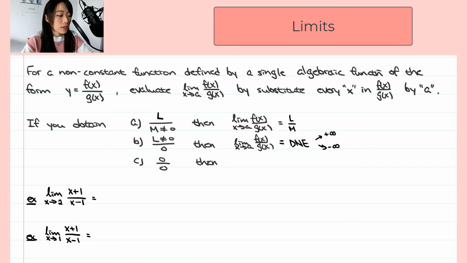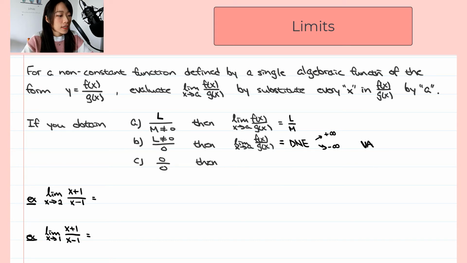Since as x is really close to a, the y value is any real number over a really small number, which will result in a really large number. So the y value will blow up to either positive infinity or negative infinity. In this case, when x equals a, we have a vertical asymptote.